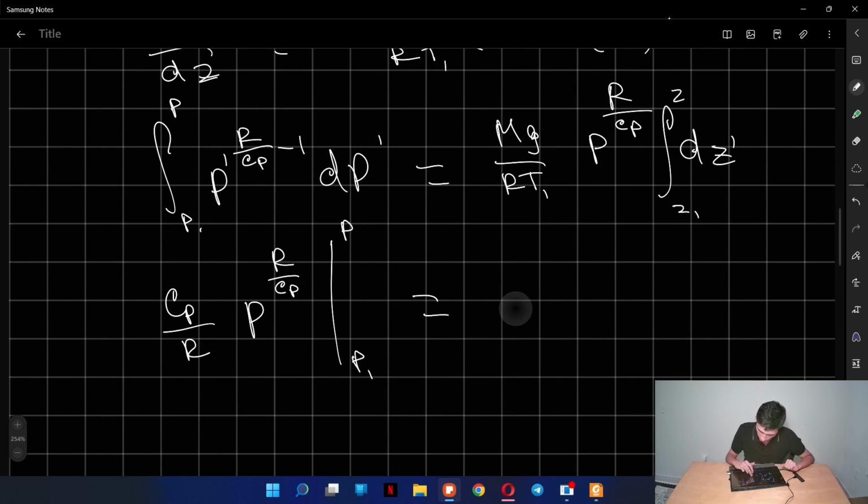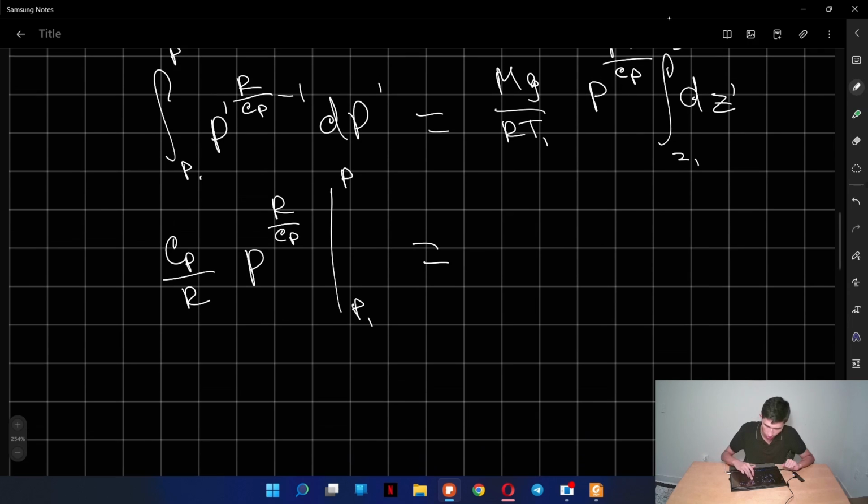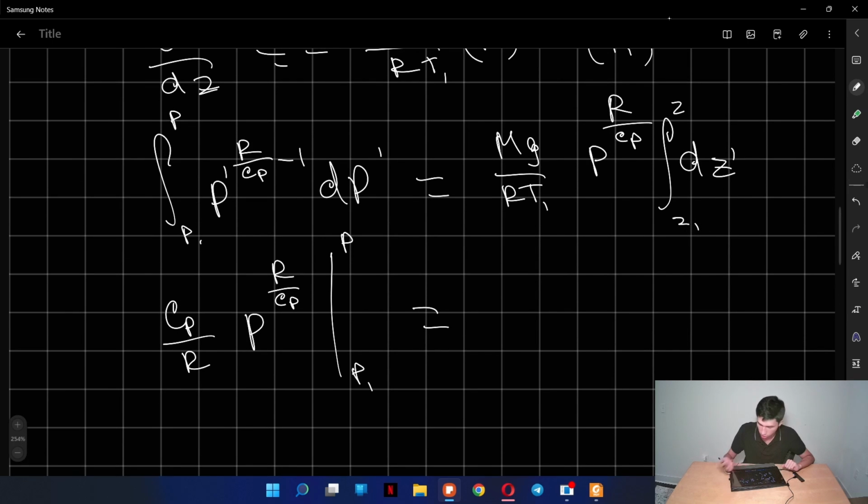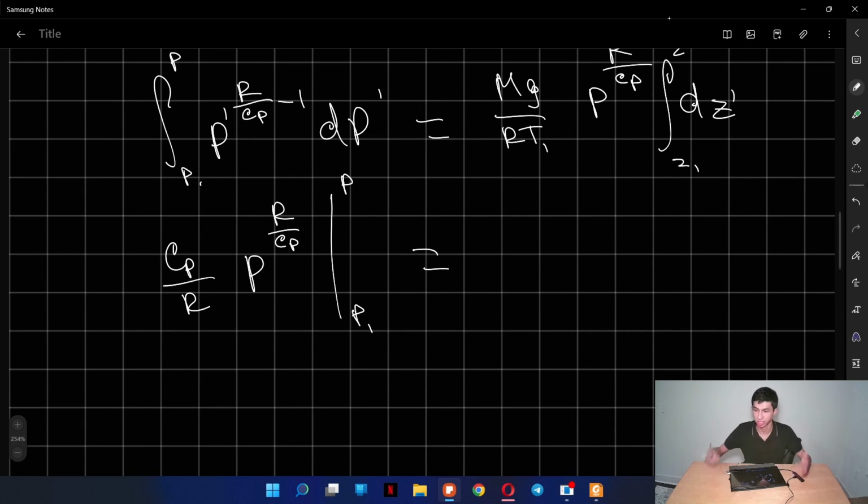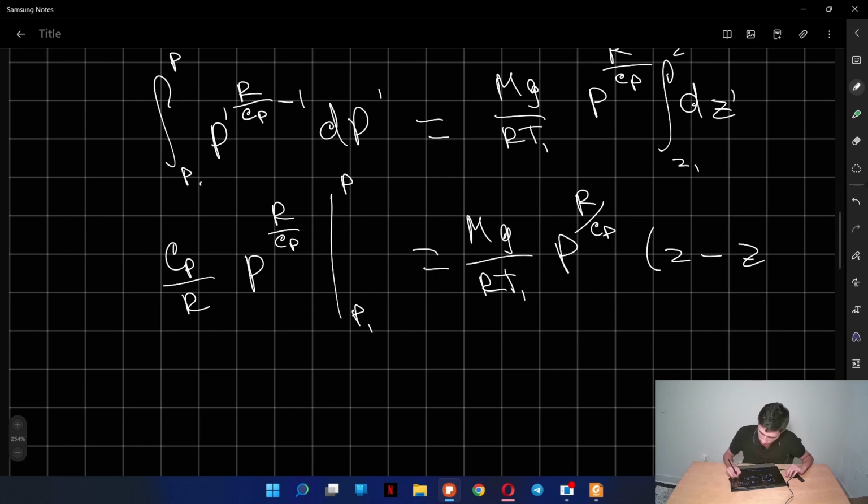And for this side, when I take the integral, it's just going to become z. But we're not starting the height from zero, so we have to consider the actual change in height. So I'm going to leave it as z minus z initial.